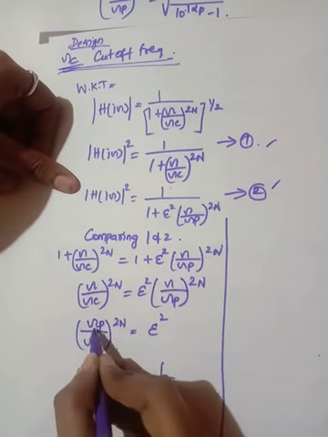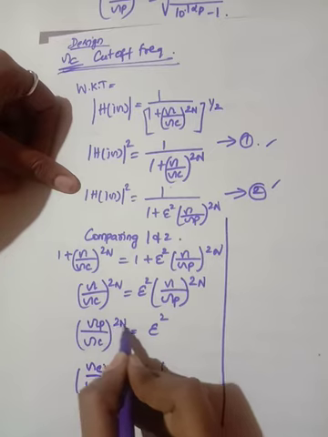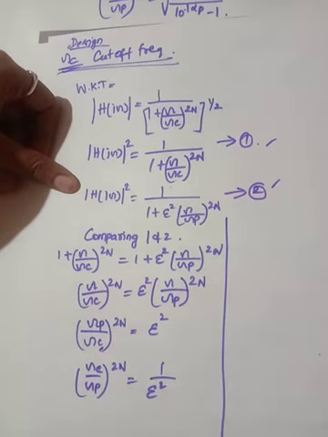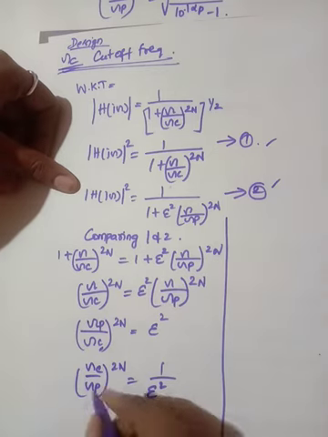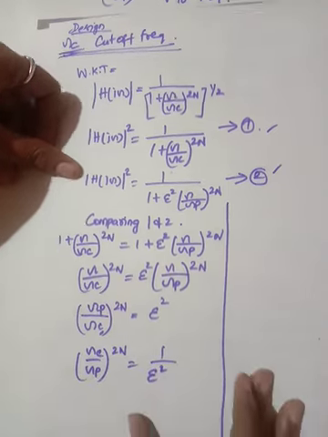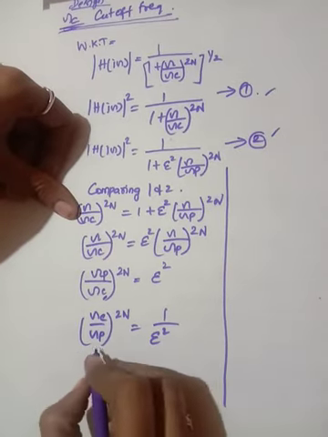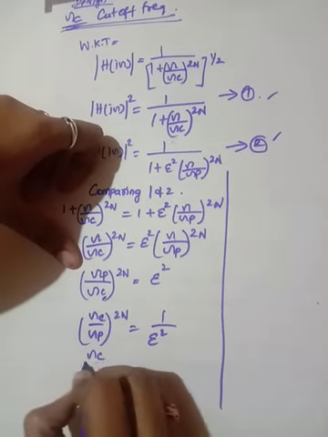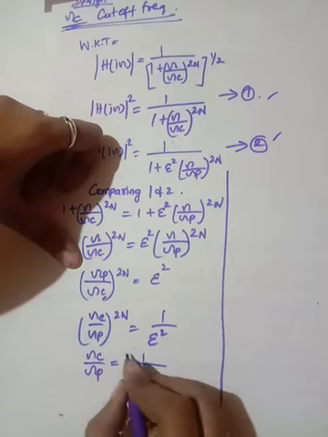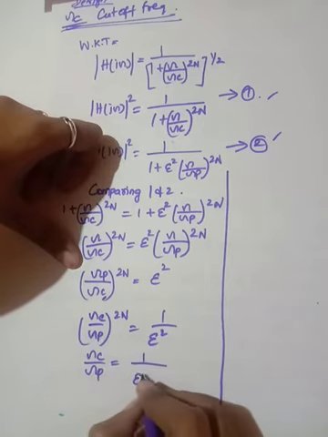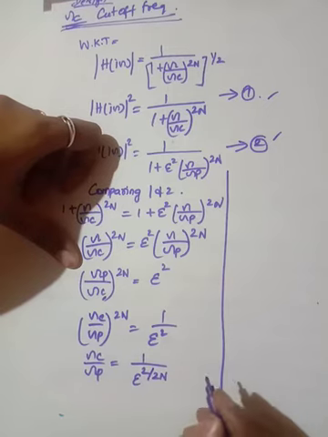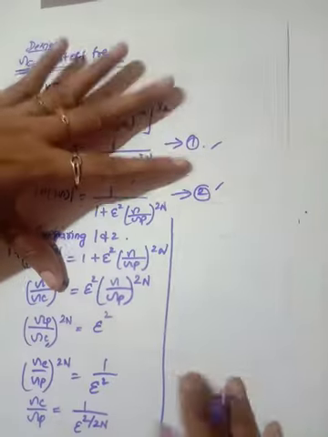Here I am cross multiplying: (omega p by omega c) the whole power 2n is equal to epsilon squared. I am going to find only this omega c, so I am taking the reciprocal: (omega c by omega p) the whole power 2n is 1 by epsilon squared. Here I need omega c by omega p alone, so I am taking the root, divided by 2n.